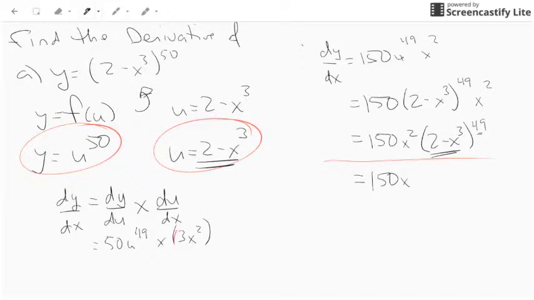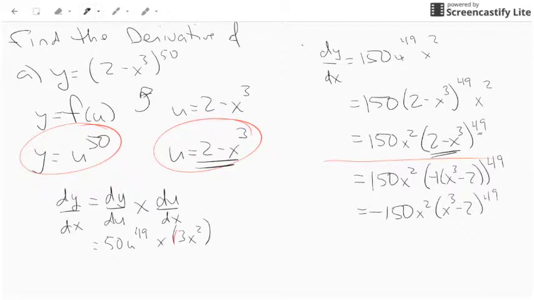Basically I'm making this 150x squared, and I'm going to factor a negative out of that binomial, which will turn this into x cubed minus 2. I haven't taken the negative right out yet, so it's still all to the 49. But that negative 1 to the power of 49 stays negative 1, so I can pull that right out and get negative 150 x squared (x cubed minus 2) to the 49.